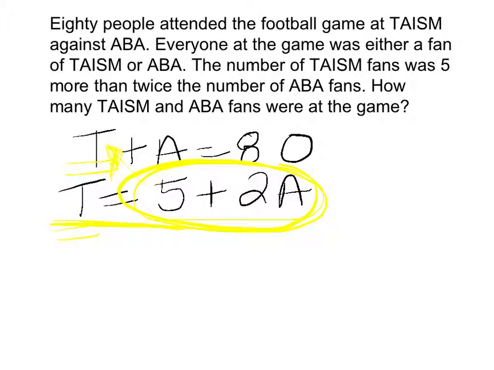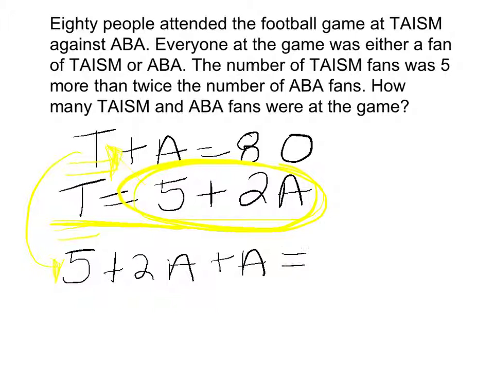Let's see what that looks like. 5 plus 2a, that's t. So instead of writing t, we wrote 5 plus 2a plus a, that's the other a, equals 80.